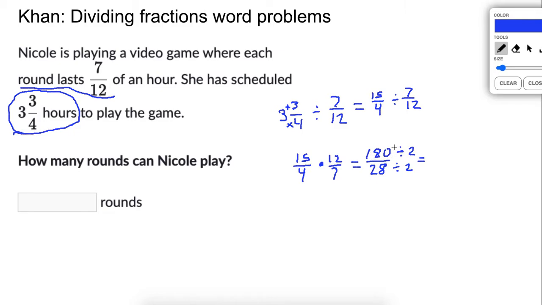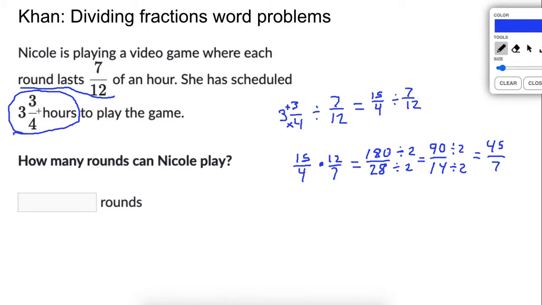Half of 180 would be 90, and half of 28 is 14. Now those are both still even, so I have to divide them by 2 again, and half of 90 is 45, and half of 14 is 7. So I end up with 45/7.